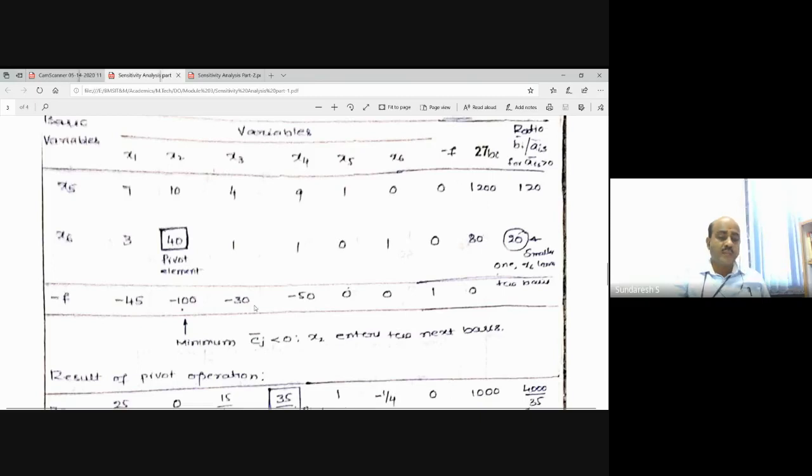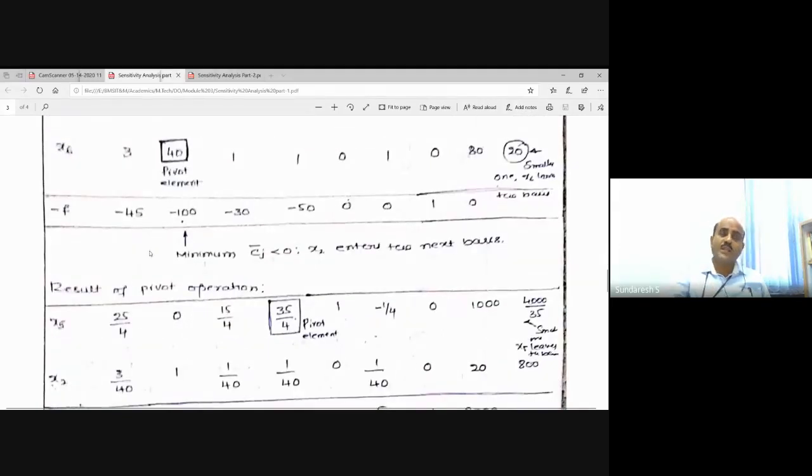Now the next column we are going to have is the result of pivot operation.